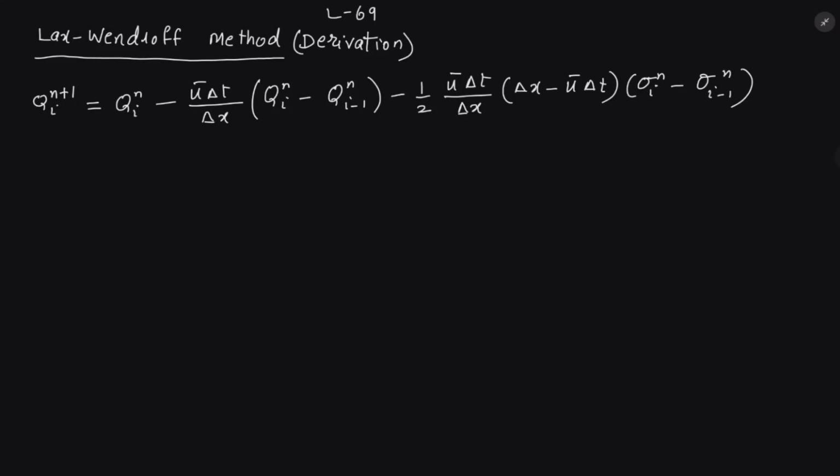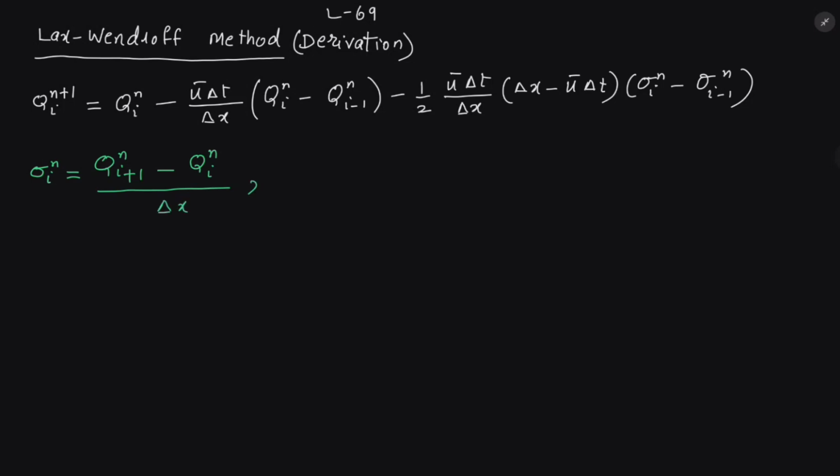In this video, we will derive Lax-Wendroff method using a slope scheme. For Lax-Wendroff method, the slope sigma n i is written as q n i plus 1 minus q n i divided by delta x.